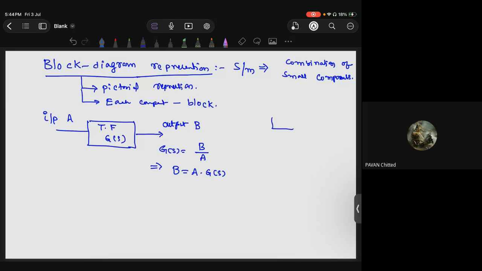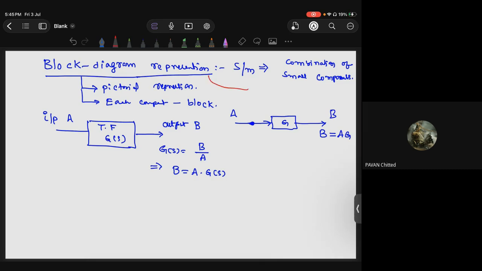Suppose we have G. You are giving A, and you are getting B. So we can write B equal to A G of S. Same thing I'm writing.